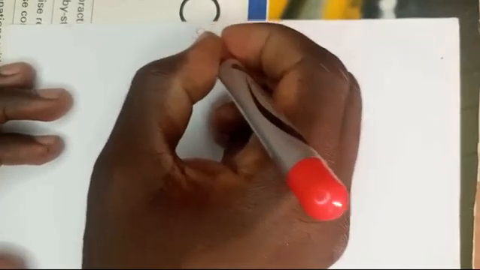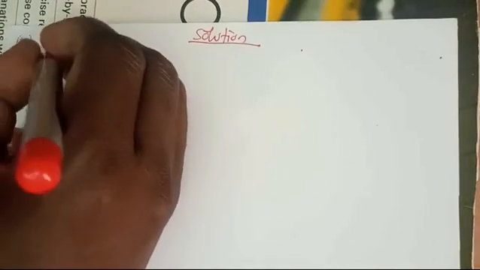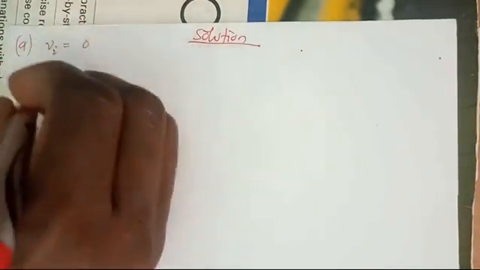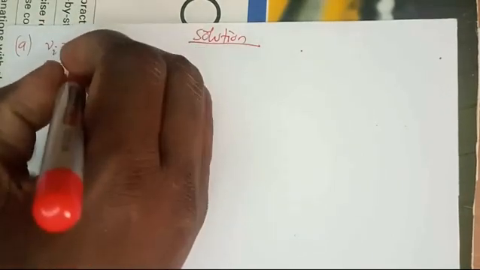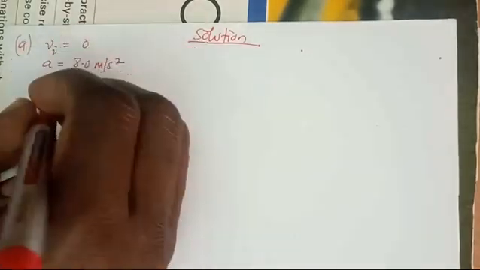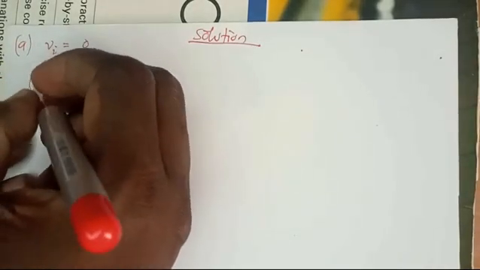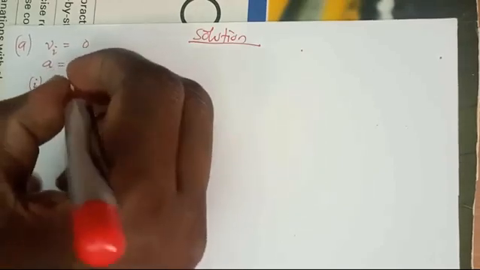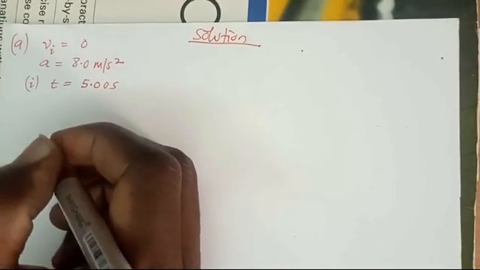A solution, we're going to write a solution here. Next, our A part of the problem: we are given an initial velocity v sub I as 0, then acceleration is also given as 8.0 meters per second squared. Then Roman number 1, according to Roman number 1, our time is 5.00 seconds, and they want us to get the velocity.